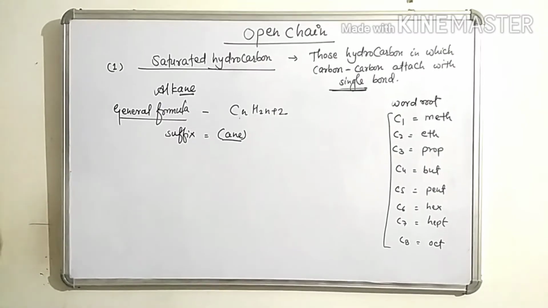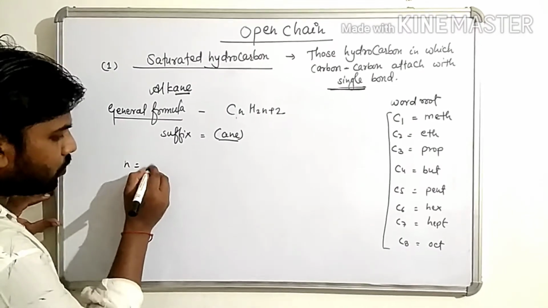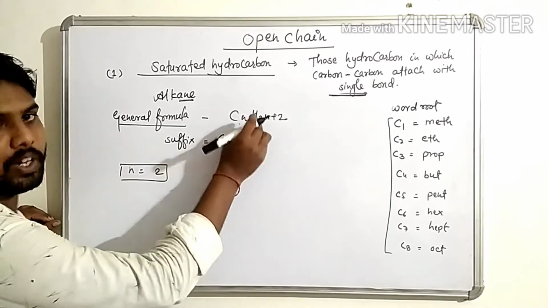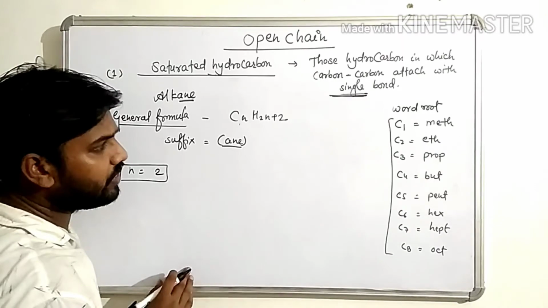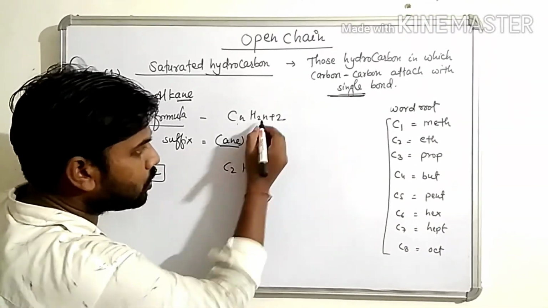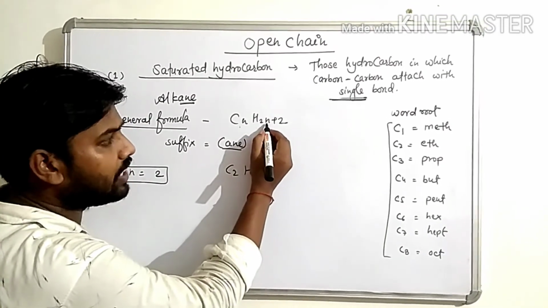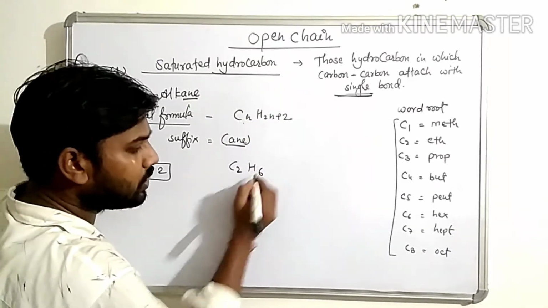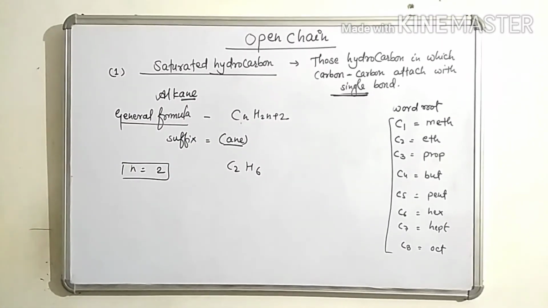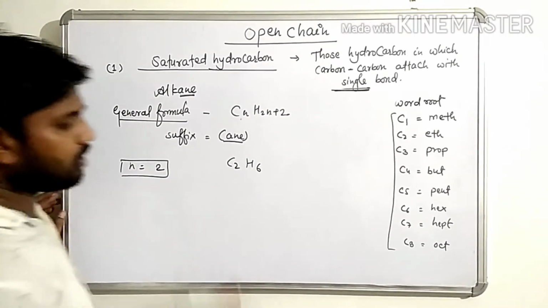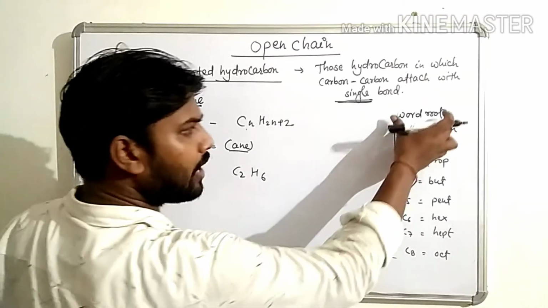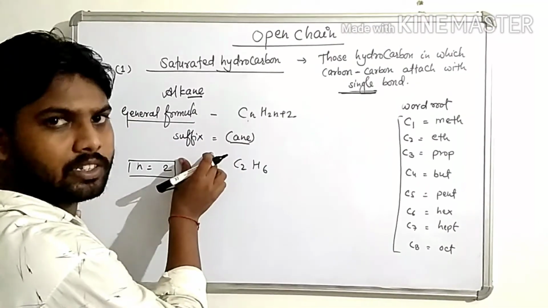Now if n is equal to 2, put the value of n in this formula and we will get C2H6: 2 times 2 is 4, plus 2 is 6. Now name this carbon compound, children. For naming, first write the word root and after that the suffix.